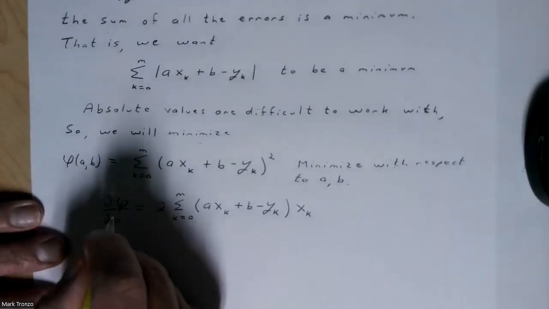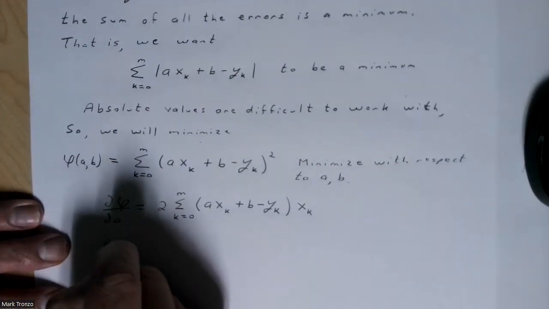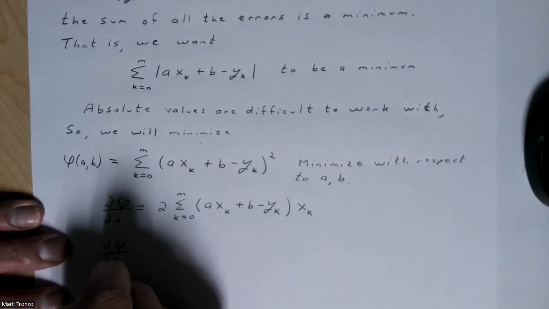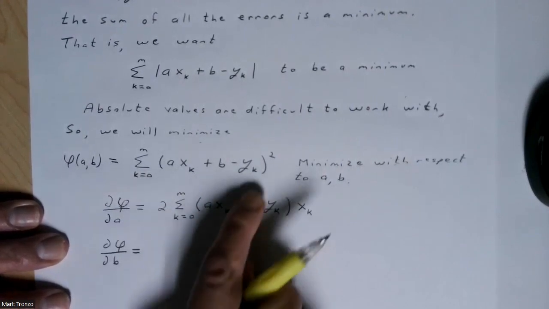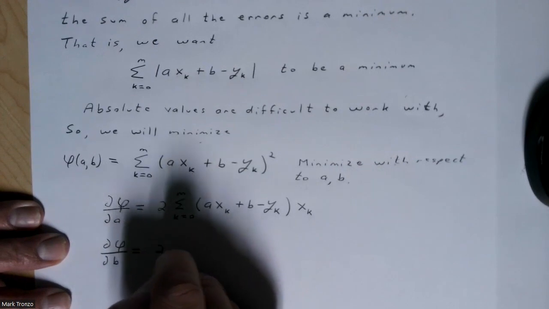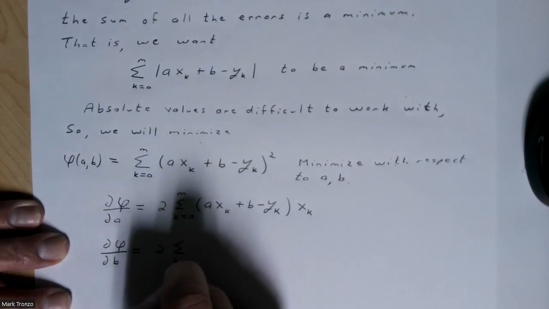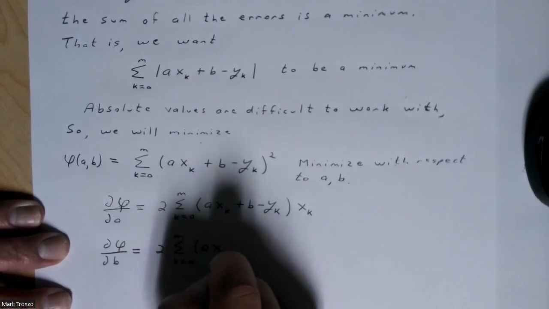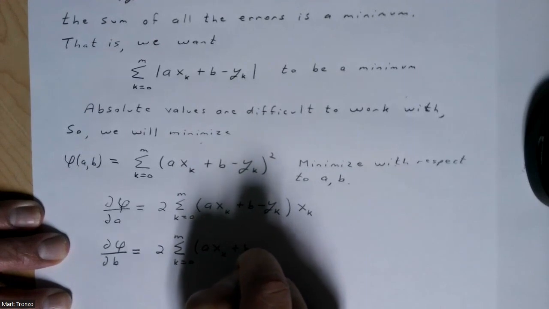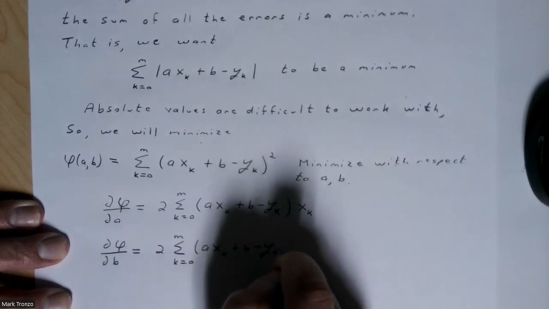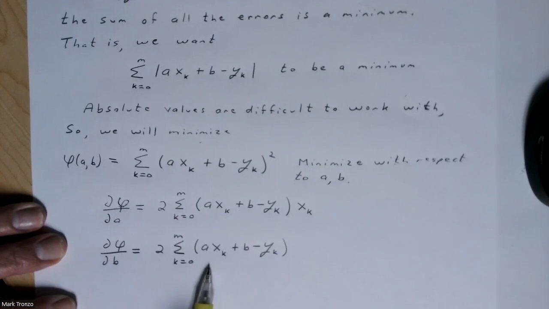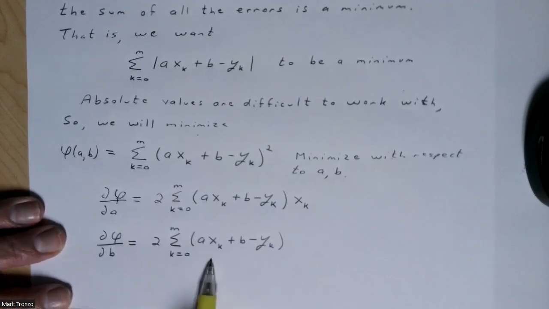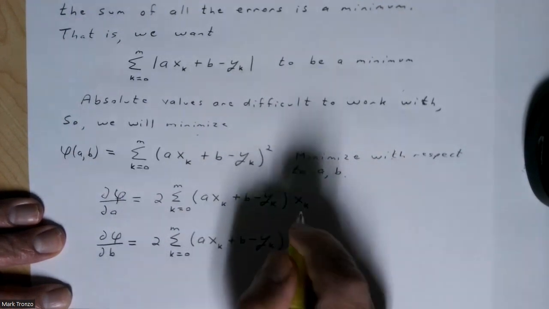And do the same thing with B. Take the derivative of the function with respect to B. And again, we're going to take the derivative of the inside, using the chain rule, with respect to B. And we just have a B here, so the derivative of that's just going to be 1.